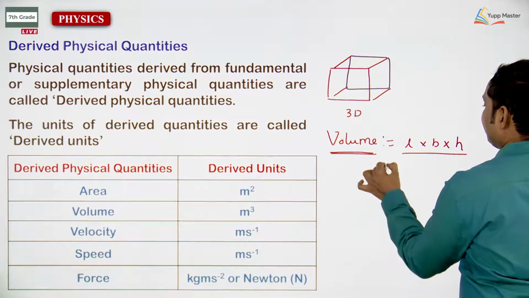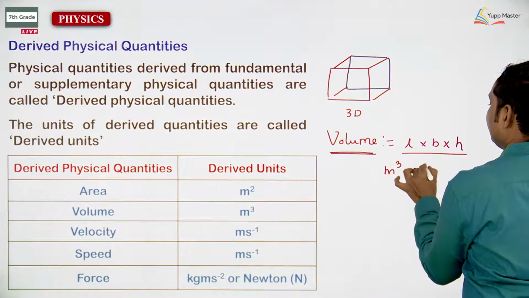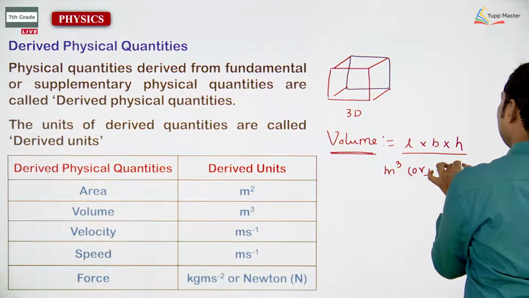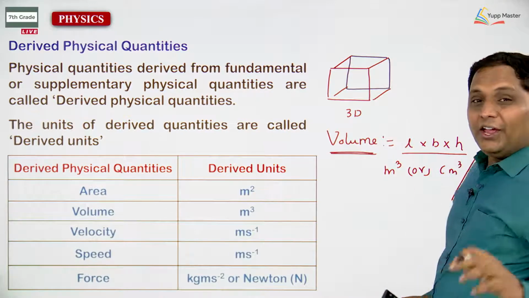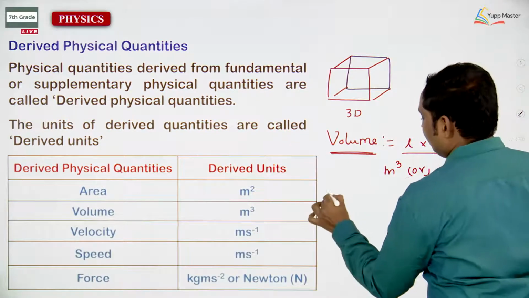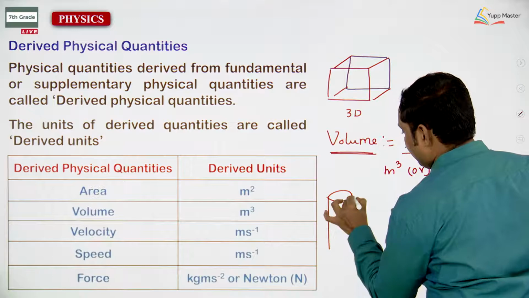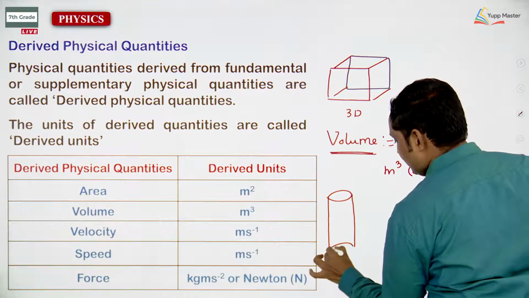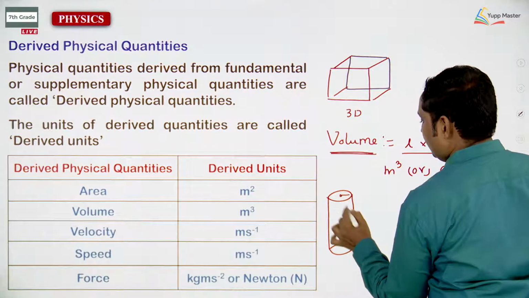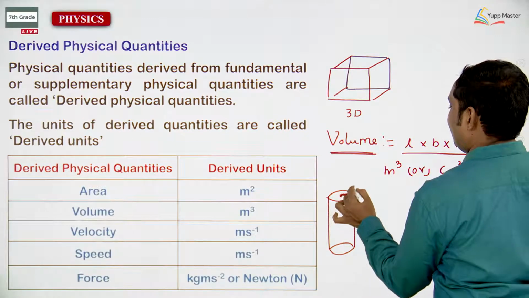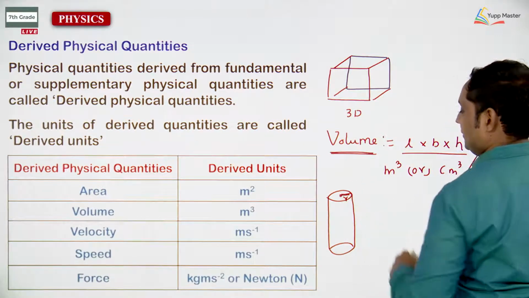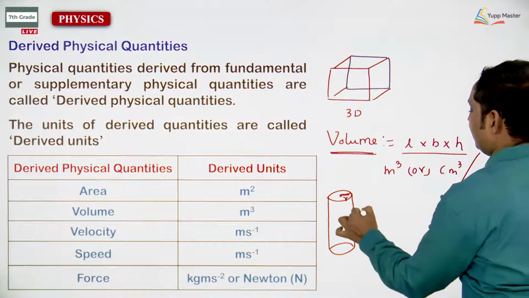Its representation is in terms of meter cube or centimeter cube. If you are going to take one cylinder, the volume depends on the radius R and the height of the cylinder.